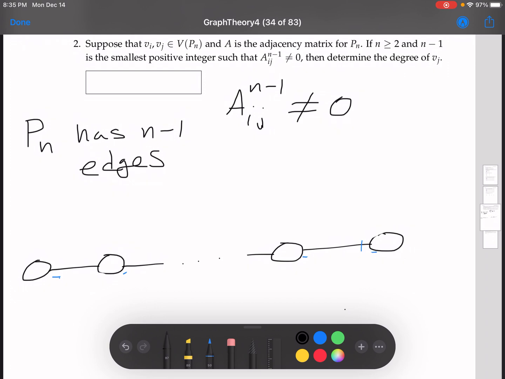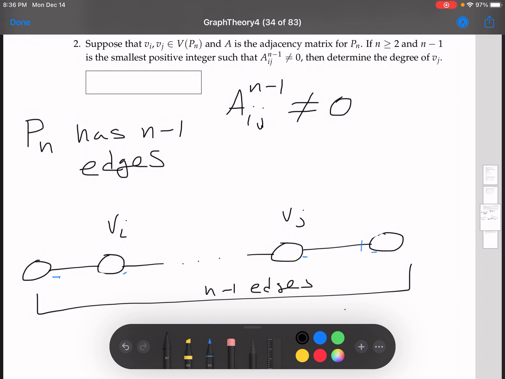So could it be the case that vi is here and vj is there? And the answer is no, because Pn has n minus 1 edges in all, n minus 1 edges from one endpoint to the next.